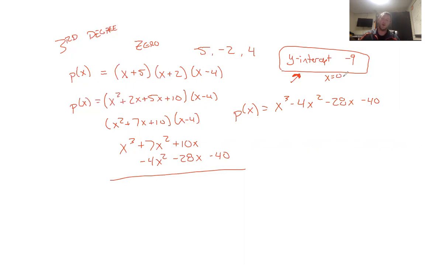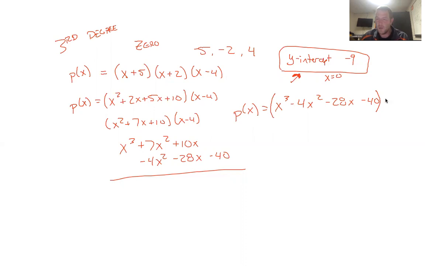Right now my y-intercept, if I plug this in, would be negative 40. So I need to move this whole thing up to negative 9. Okay, so your y-intercept needs to be negative 9.